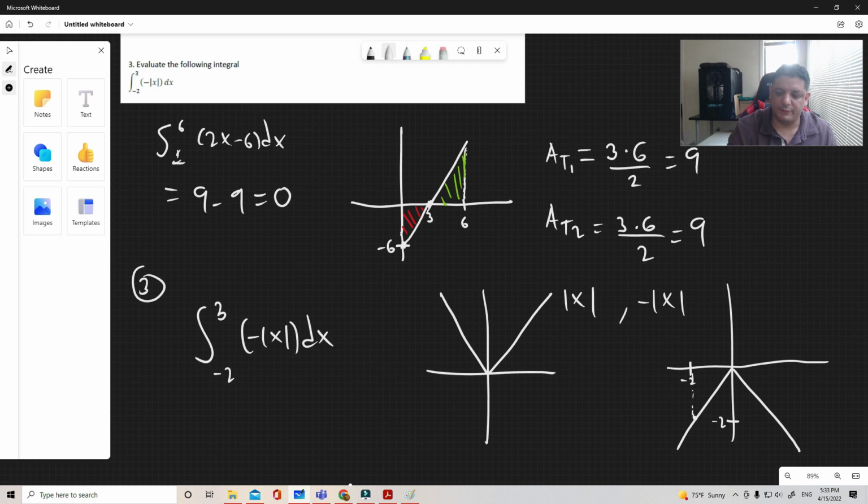So the first triangle that we're obtaining is this one. Now on the other side, we go from 0 to 3, and of course that's going to produce a minus 3. So I can talk about minus 3 being over here.